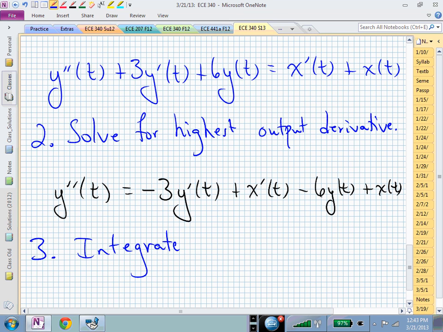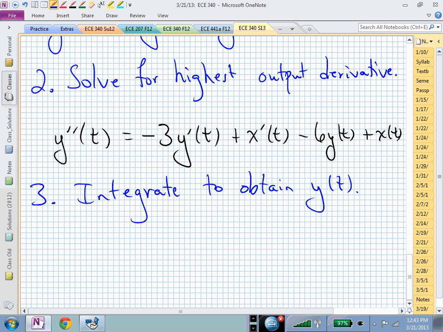We want to just keep integrating this expression to obtain y of t. Yes, we already have a y of t in the expression, but we don't want to solve for that one. We want to solve for the highest power derivative of the output and then integrate both sides until we end up with y of t on the left.